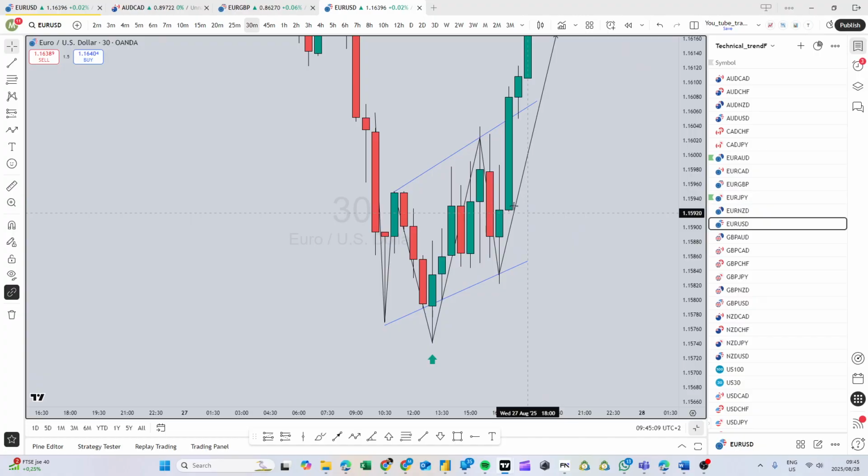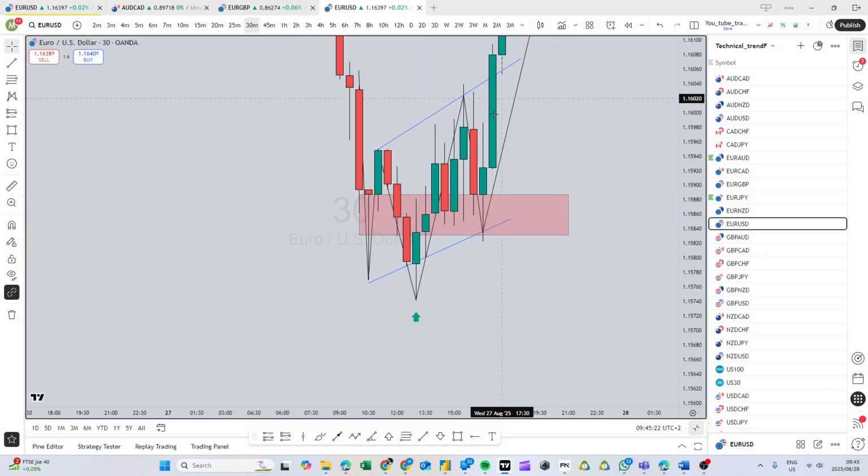On the 30 minutes I waited for this head and shoulders, and once I saw that, I knew this right here was my area of interest. So I started looking for a trade right in this area.